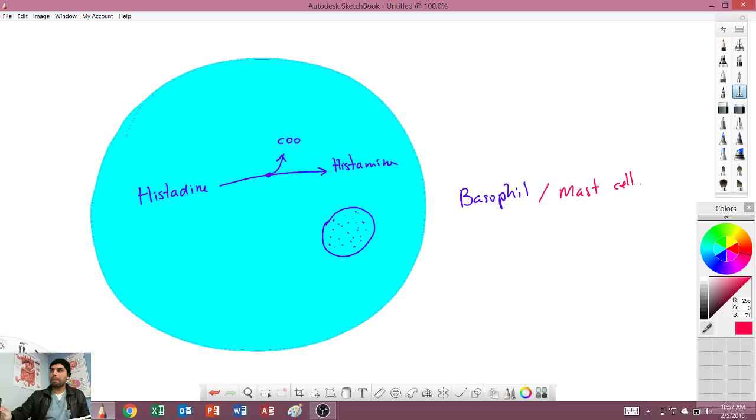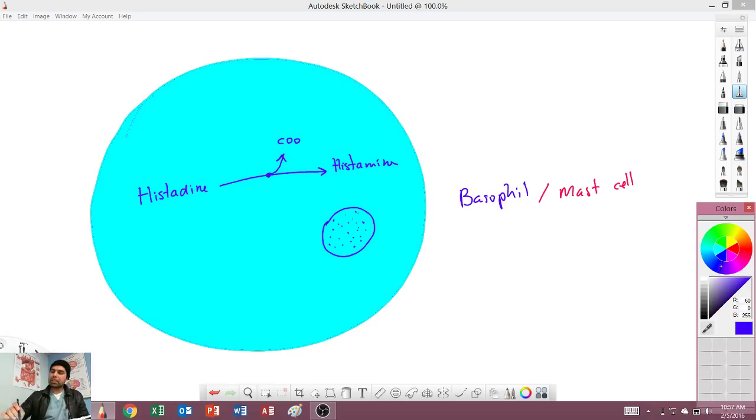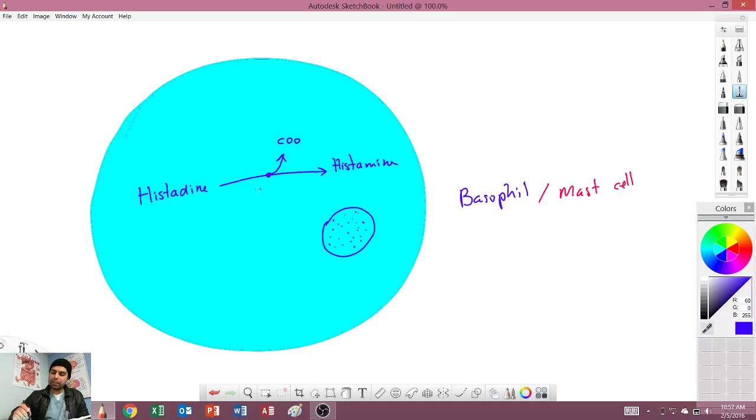It's the same cell. These cells package histamine within granules, and the source of histamine is histidine, which becomes histamine with the help of histidine decarboxylase.